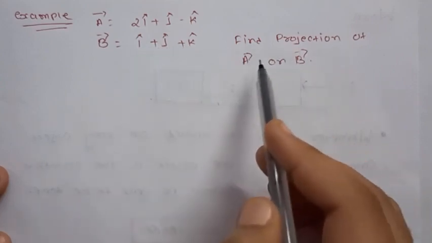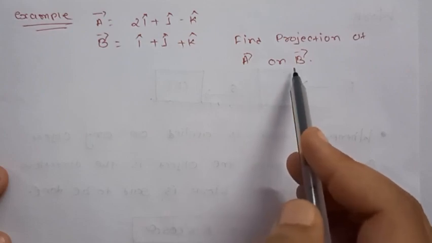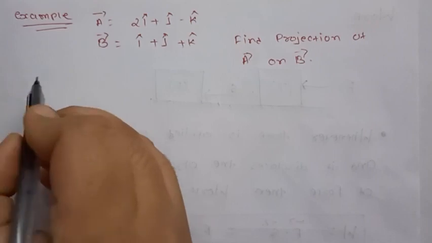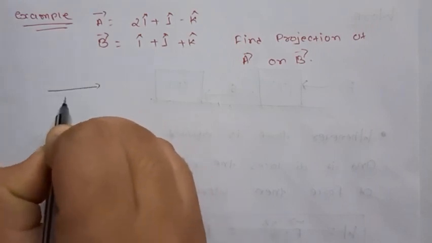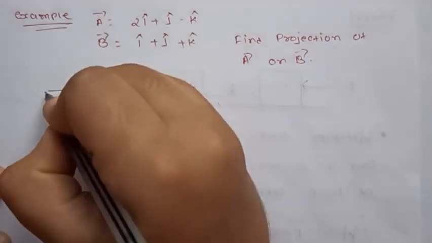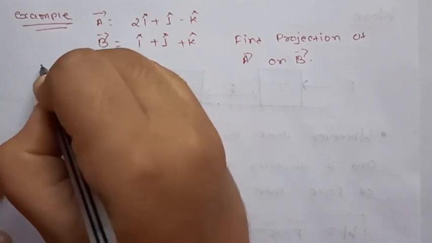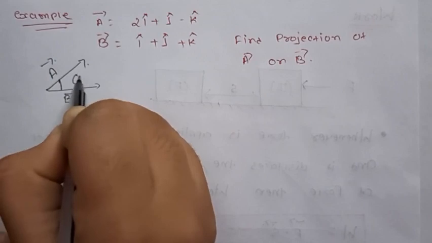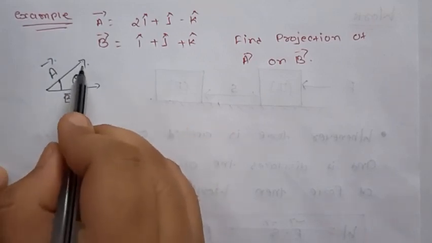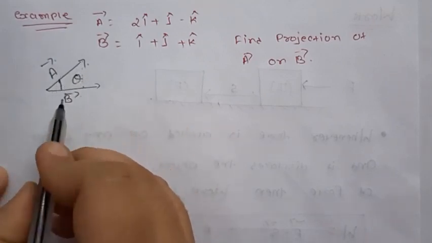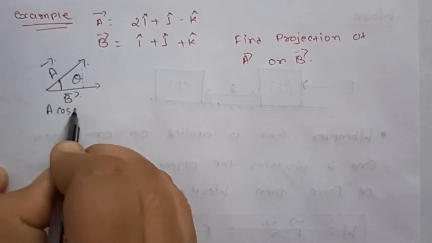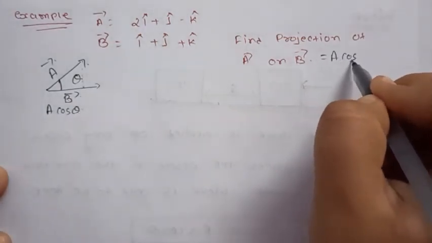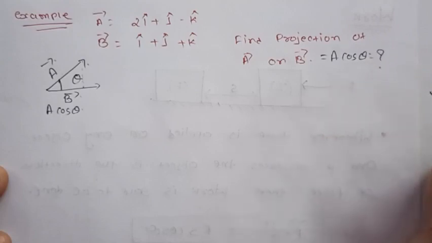We want to find the projection of A on B. Let's say this is vector B and this is vector A. The angle between A and B is theta. So the projection of A on B will be equal to A cos theta. So we want to find basically A cos theta.